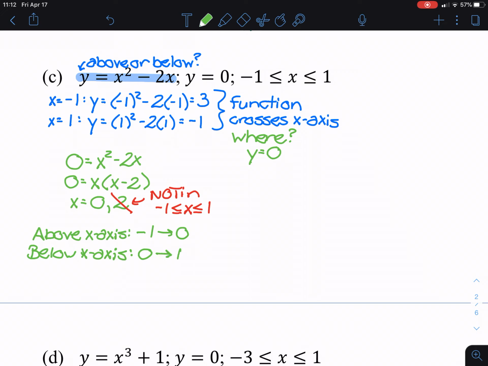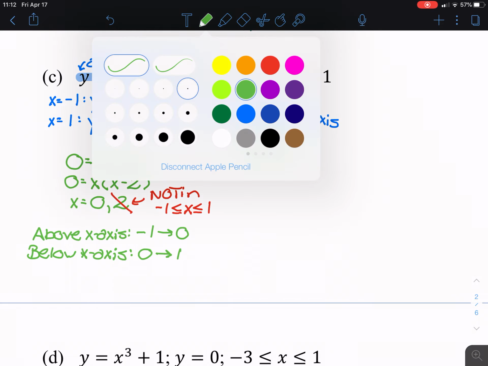So what that means is that I can't just do one definite integral in order to find my area, okay? For the first half, where I'm above the x-axis, I just take the definite integral of x squared minus 2x. But in the second half of that interval, between 0 and 1, I have to take the negative of x squared minus 2x in order to find the area.